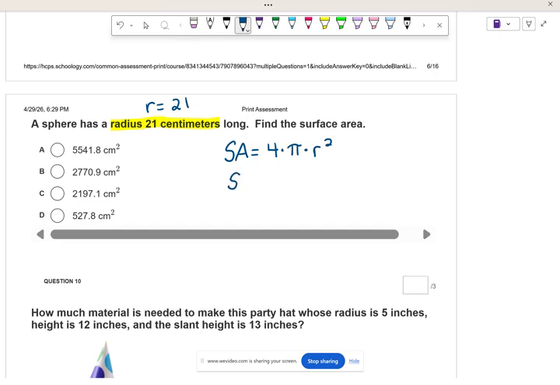So we're going to calculate 4 times pi times 21 squared. And that gives me 5,541.8.